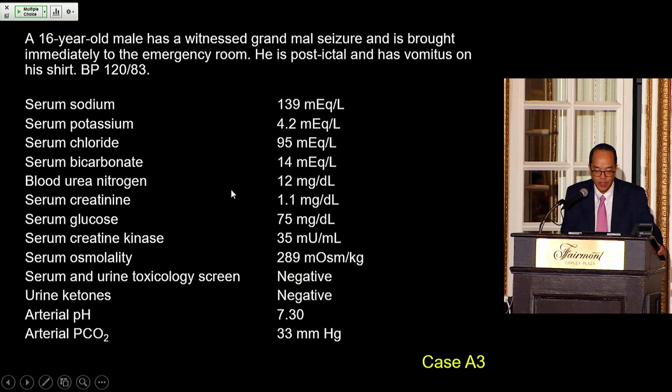Next, a 16-year-old male has a witnessed grand mal seizure and is brought immediately to the emergency room. He's postictal and has vomitus on his shirt. Blood pressure is 120/83.